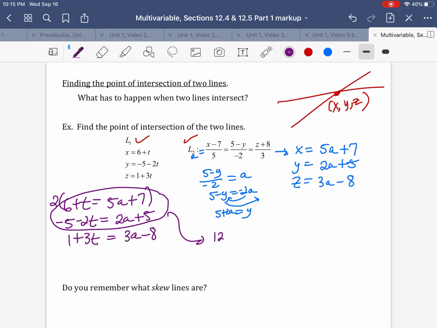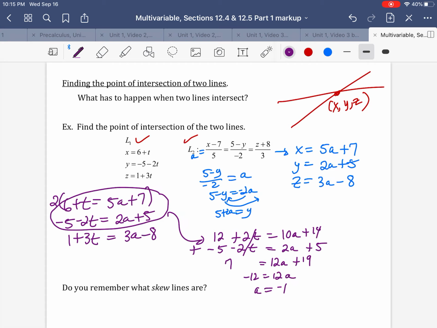So that gives me 12 plus 2t, like the addition method for solving systems of equations, equals 10a plus 14. The bottom one stays -5 minus 2t equals 2a plus 5. And I'm going to go ahead and add these. So this goes away. I get 7 equals 12a plus 19. Subtract 19, so I get -12 equals 12a. So a must equal -1.